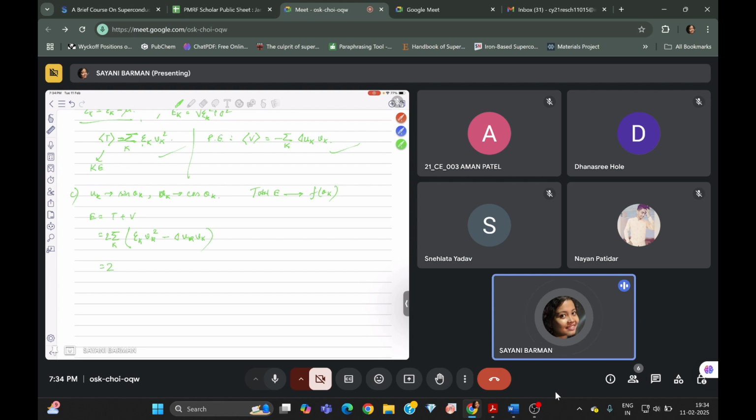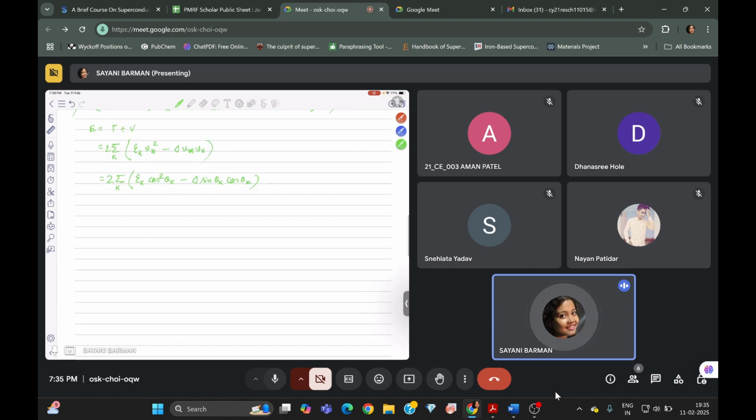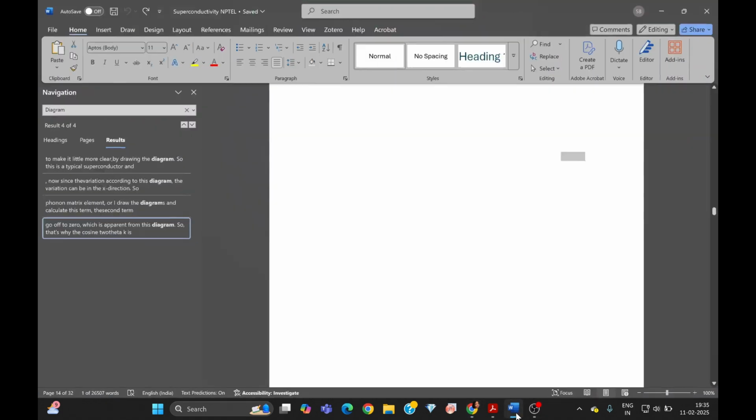Just putting in the values of uk and vk, we get zeta cos square theta minus delta sine theta cos theta.